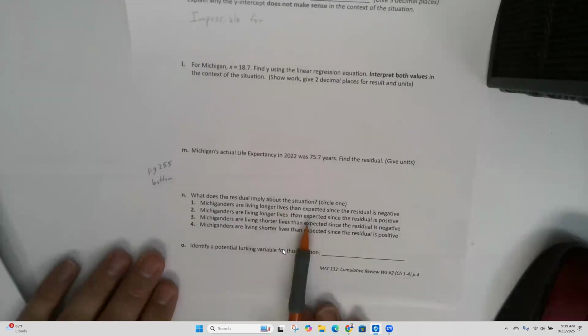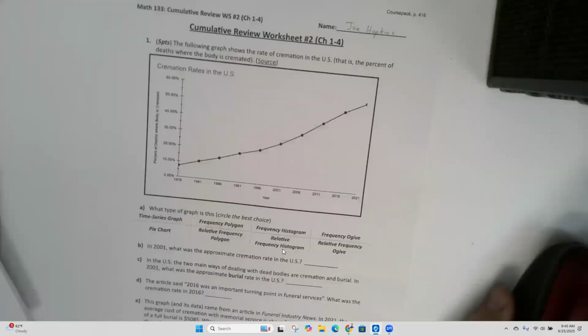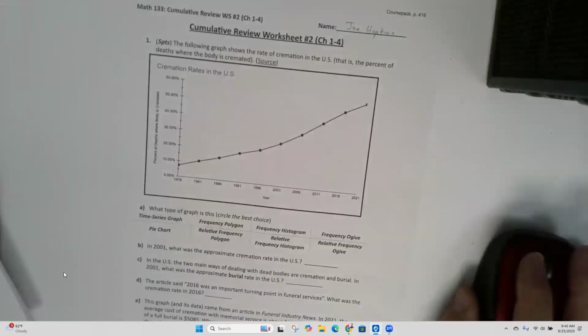So be careful there. I think that's probably good. So all right, let's go back through and fill in this worksheet. Page 416.